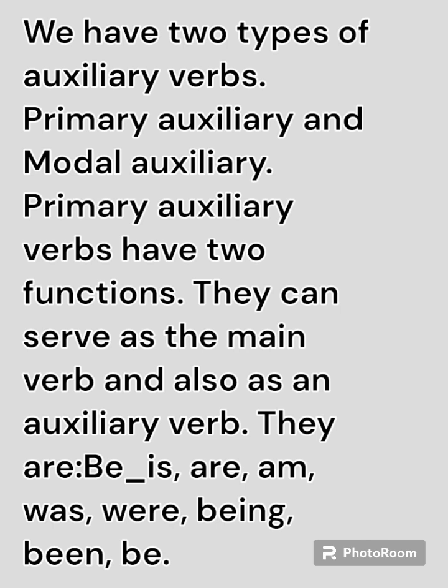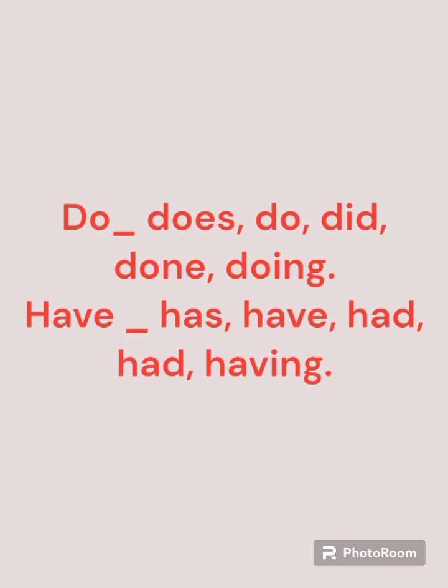They can serve as a main verb, that is, they can stand alone in a sentence and make a meaning, or as an auxiliary verb. Verb be has these forms: is, are, am, was, were, being, been, and be. Verb do has these forms: does, do, did, done, doing. Verb have has these forms: is, has, have, had, and having.